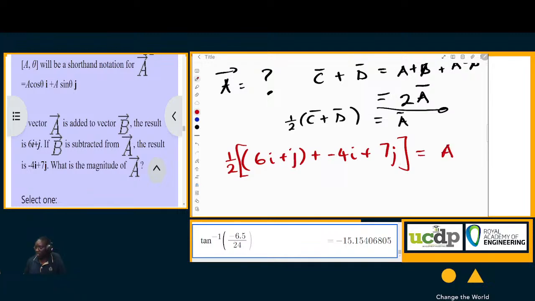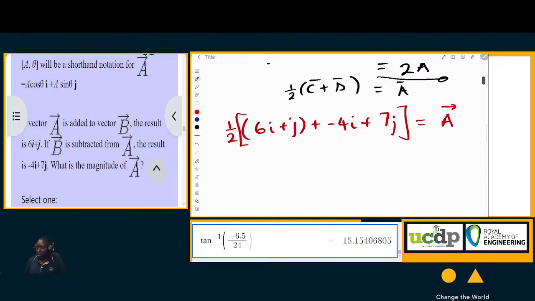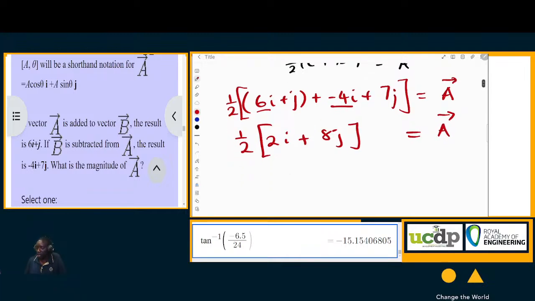This should give us vector a. Adding 6 minus 4, that gives us 2i, plus j plus 7j, 8j. That's the sum, and half of that is equivalent to a. Taking the half inside, we've got i plus 4j equals a.